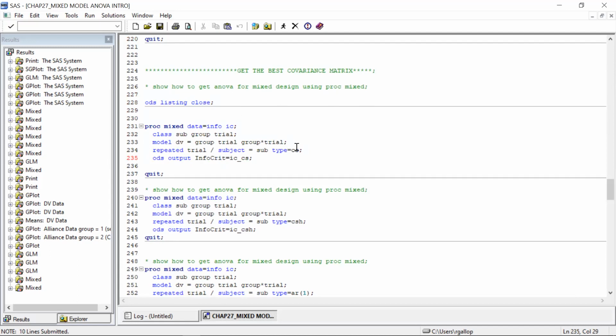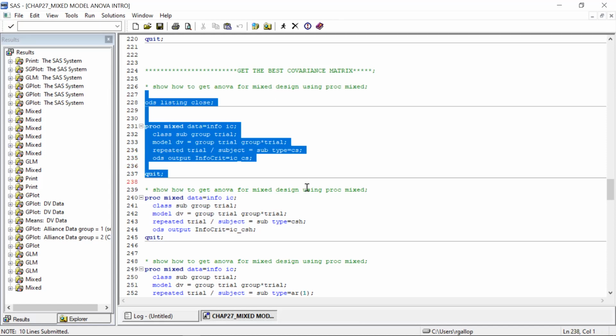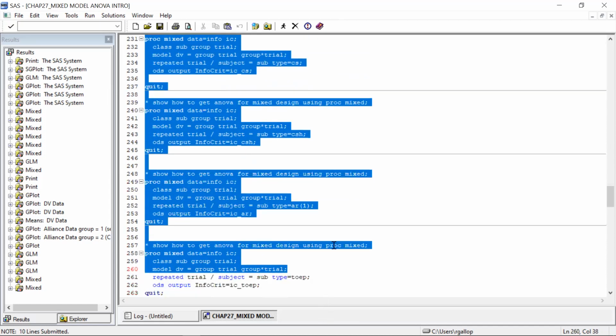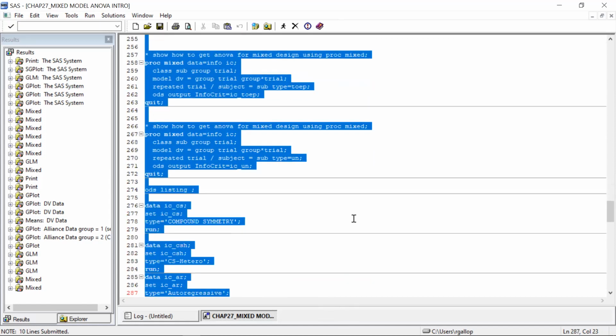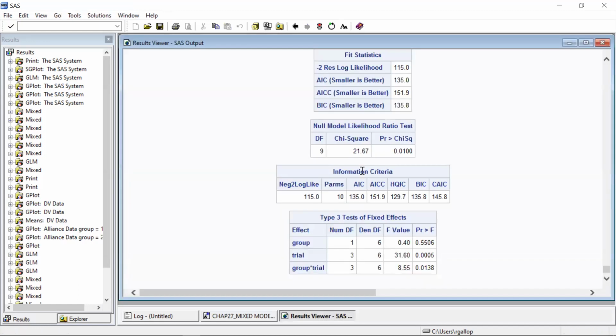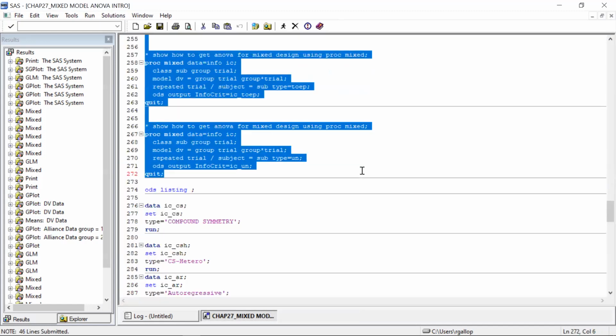I turn the output off, and I start building an information criteria data set for each possible variance covariance matrix. So this one is doing compound symmetry, heterogeneous, autoregressive, Toeplitz, unstructured. So I just ran those.